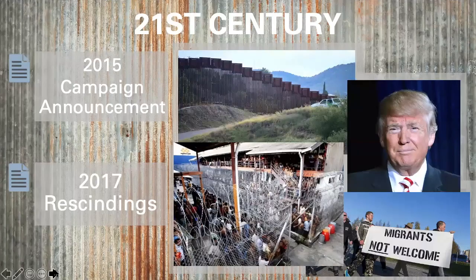In the same speech, he announced his plan to build a wall on the border. Despite promising in his campaign speech that Mexico would pay for the wall and recently announcing a plan to build 500 more miles of new barriers by the end of his presidency, the project has been completely funded by the U.S. and is severely underperforming.